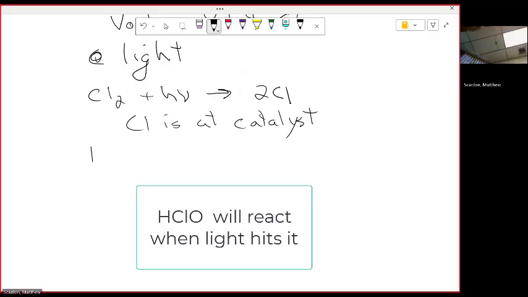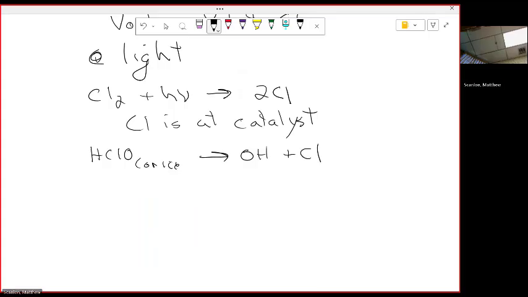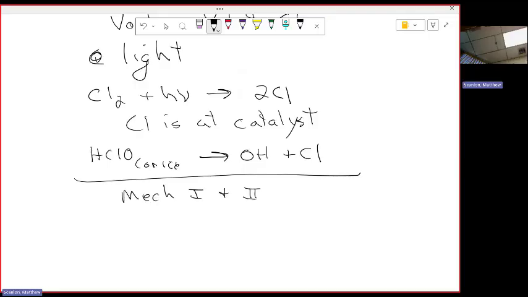Also, the HOCl that's on ice also reacts to give us OH plus Cl. And so we have a massive release of chlorine due to the light. Mechanisms 1 and 2 occur for the destruction of ozone.